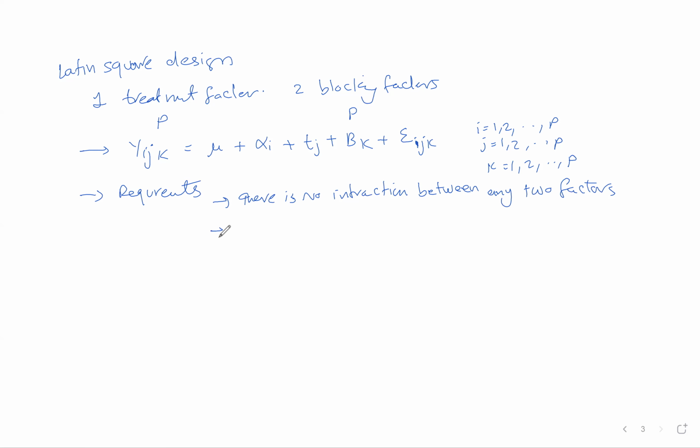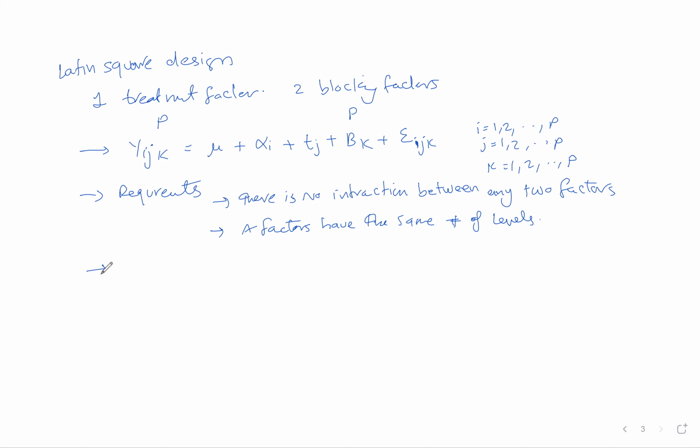And each factor has the same number of levels, which is p. All factors have the same number of levels. If one of them has a different number of levels, this design doesn't work. You shouldn't use this design. You should use something else.